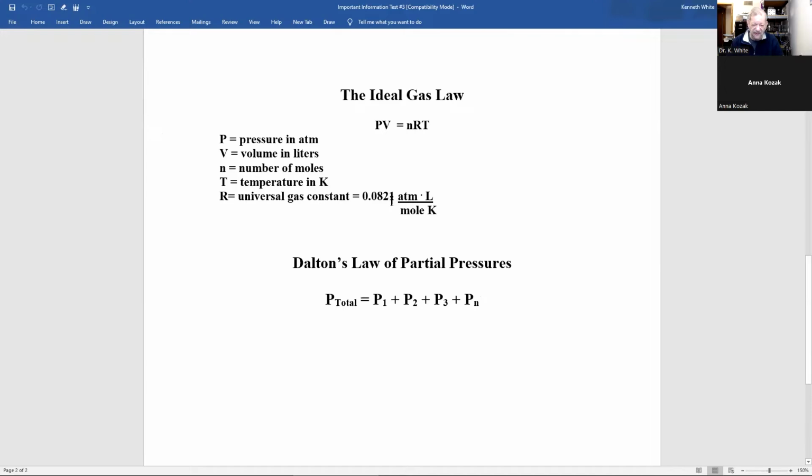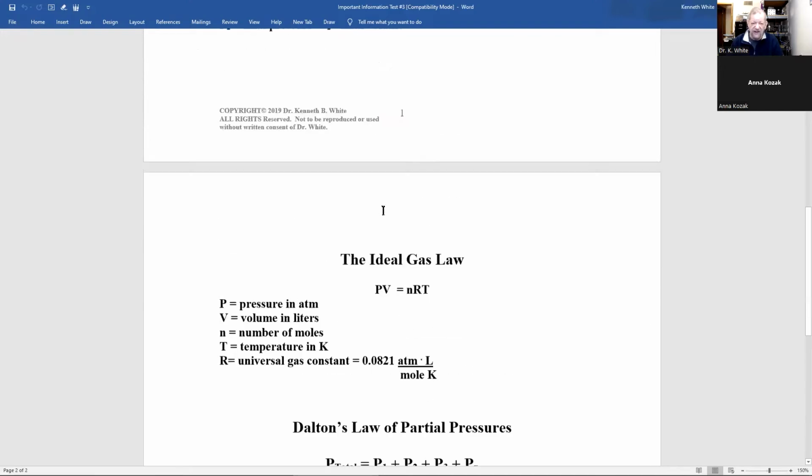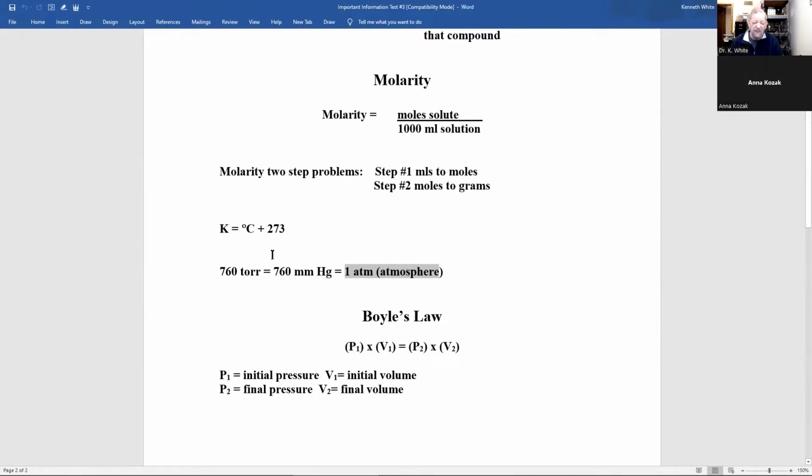Also, I give you the universal gas law constant R. Remember, R is 3 significant figures. Now, in case you forgot, this will be important information. Quiz number 3, we have Kelvin equals degrees C plus 273.